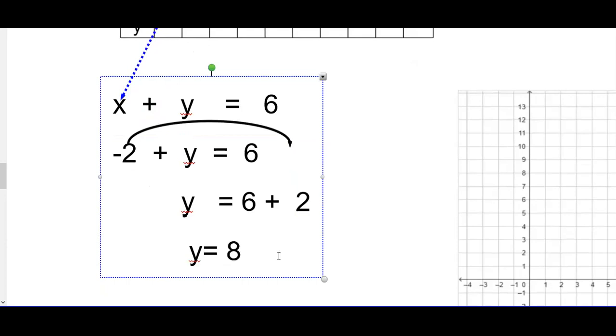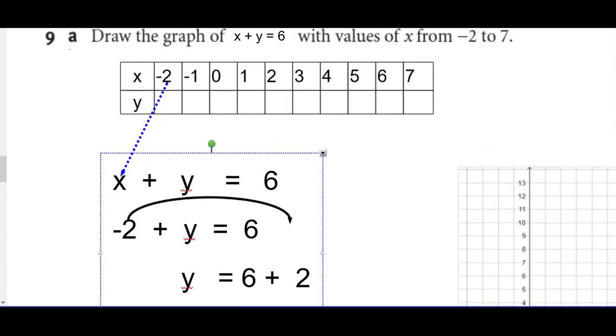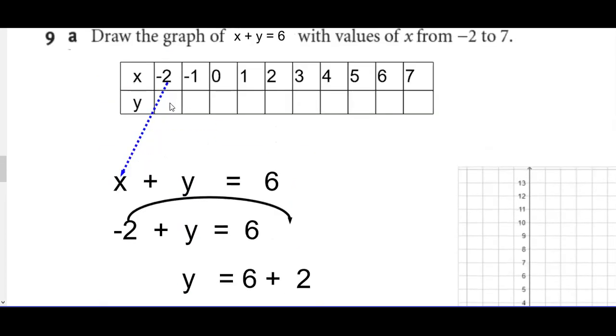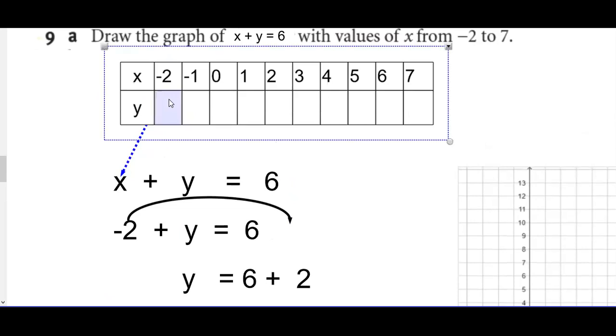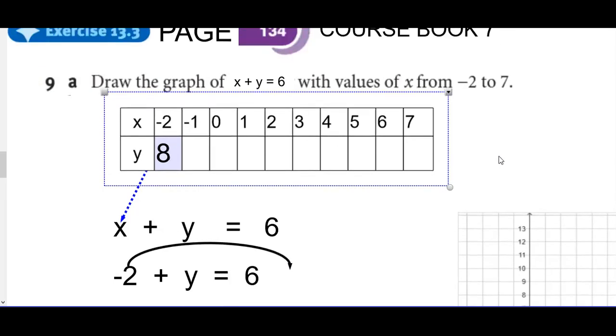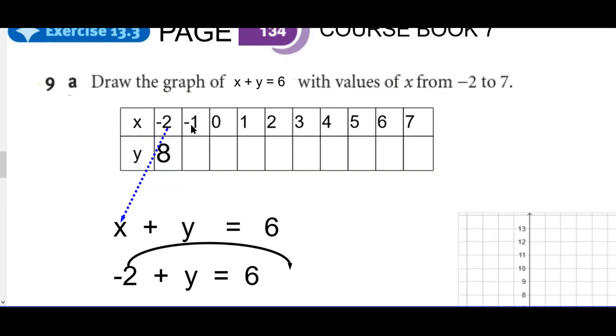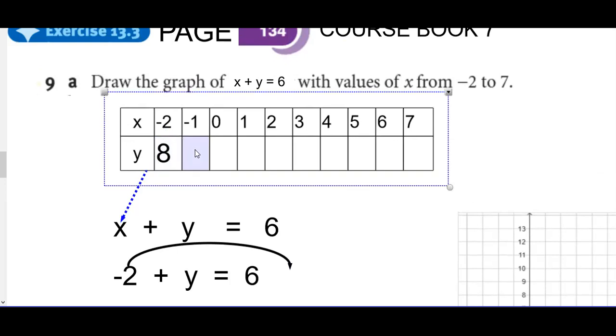So there we go. Now, where do we write this answer y equal to 8? You just write simply here, y is 8. Now you can go ahead and try when x is -1, what is the value of y? I can do it mentally. When x is -1, I put -1 here and shift it to the other side, so my y will be equal to 7.